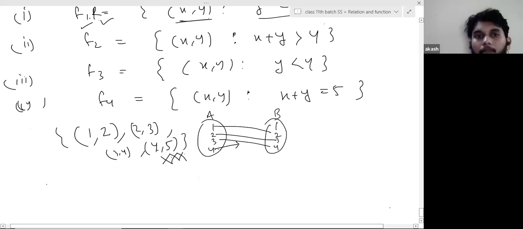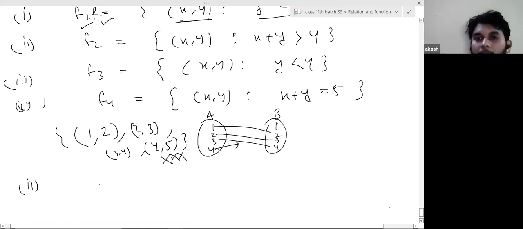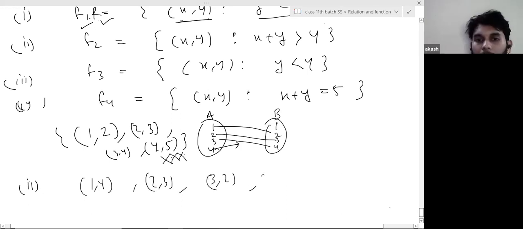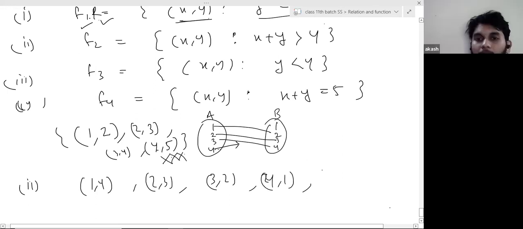Are you sure about the second also? Yes. Can you tell me what the ordered pairs would be? (1, 4), (2, 3), (3, 2) and (4, 1). So there are no problem ordered pairs here.